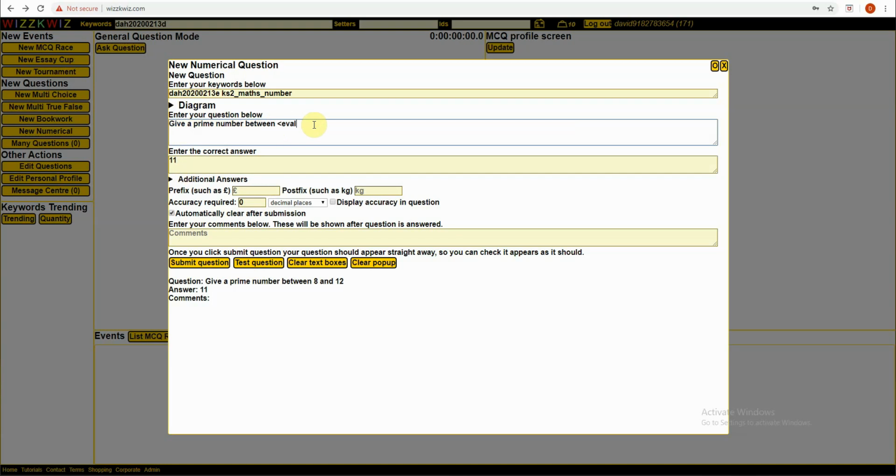Okay, so eval. Start anywhere at random. WA equals random step 2, 120, 1. So we get a good range of numbers. That seems to be working.